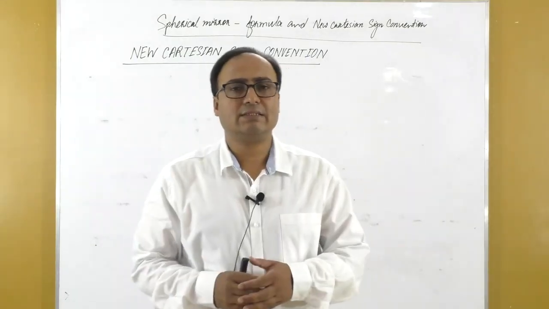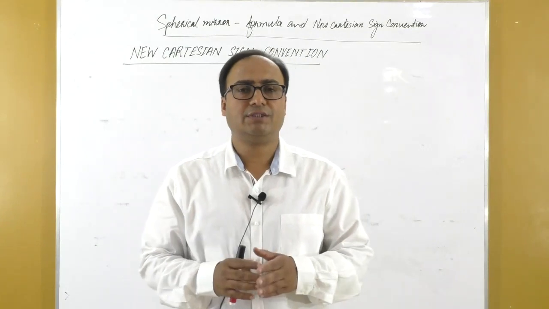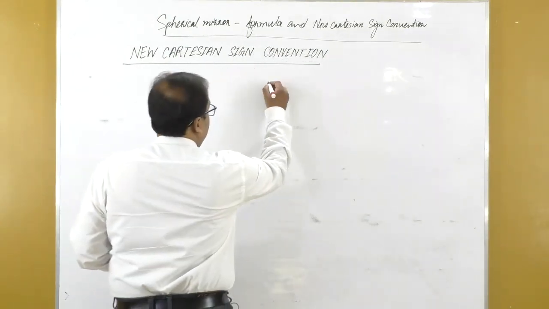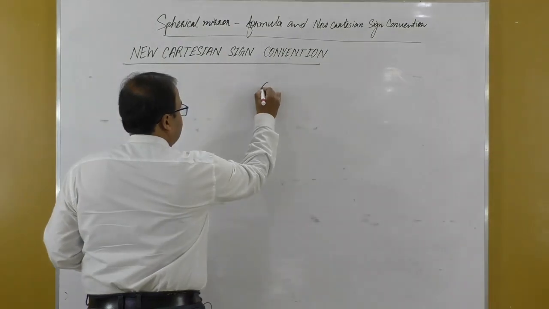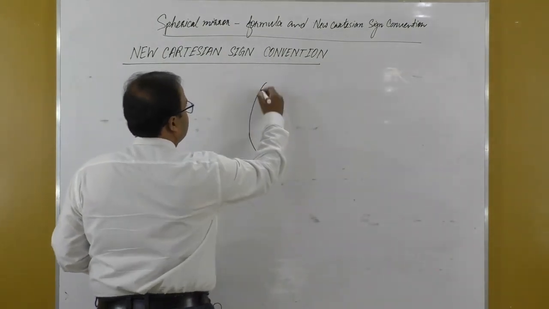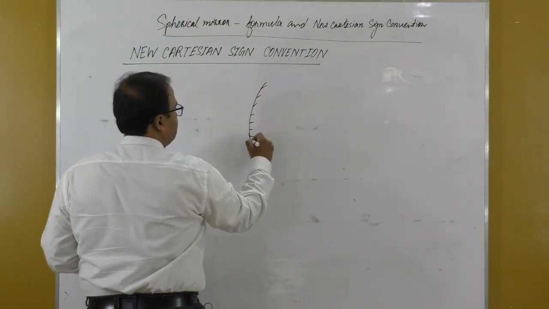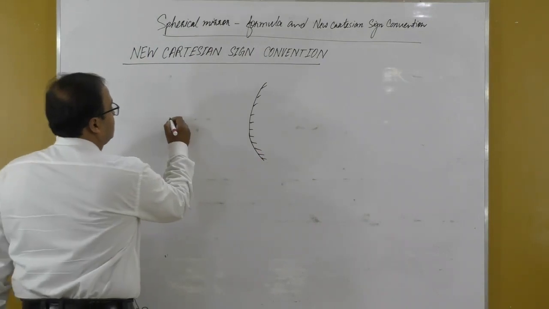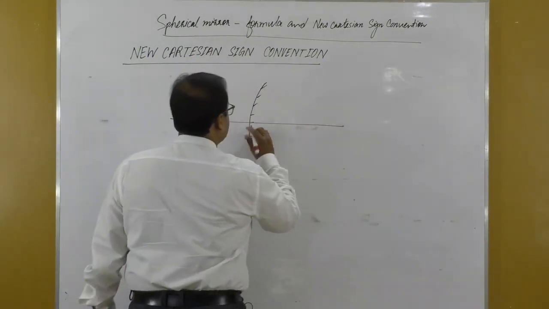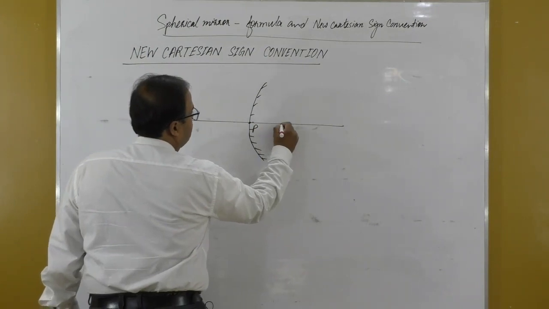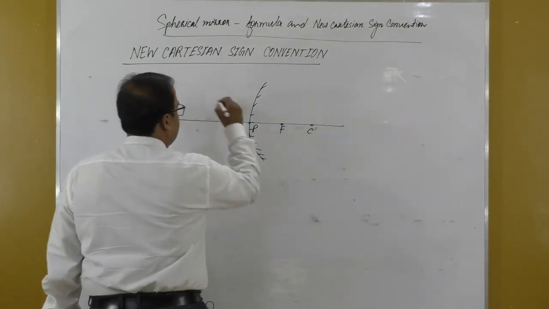Now we will discuss new Cartesian sign convention for convex mirror. And you should know one thing, that a convex mirror always produces a virtual, erect, diminished image of an object placed in front of it. So what kind of image does a convex mirror always form? Virtual, erect and diminished image.